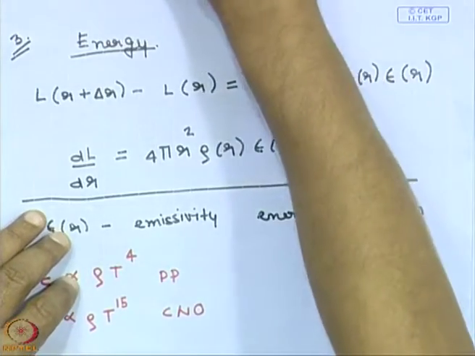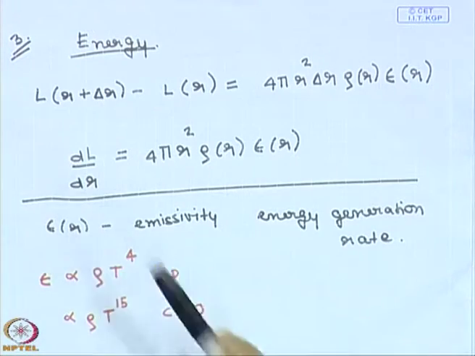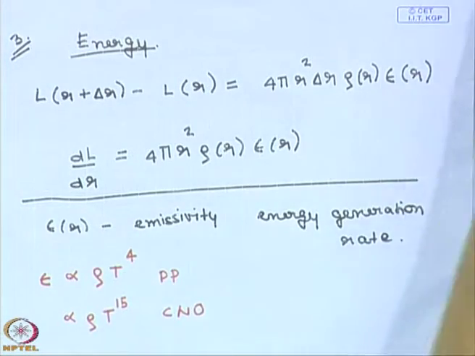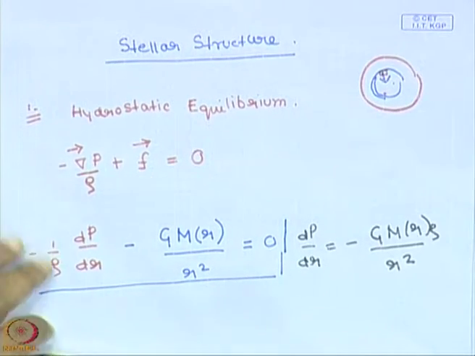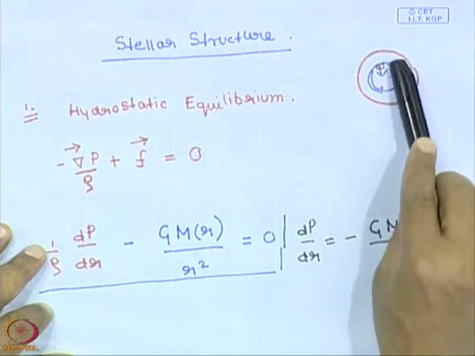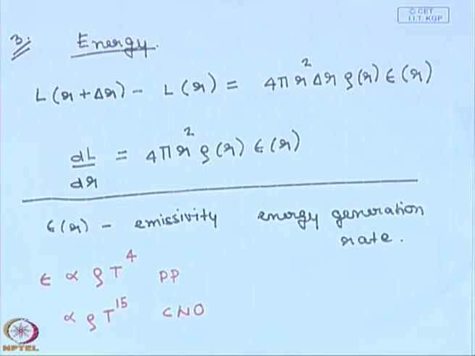The first equation tells us how the pressure changes as we go along the radius of the star. The second equation tells us how the mass changes as we go along the radius of the star.